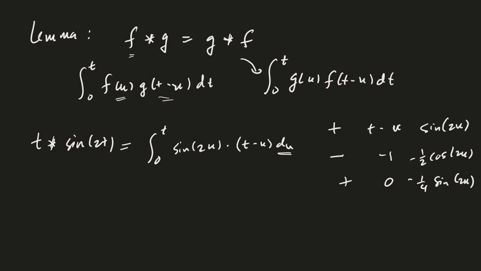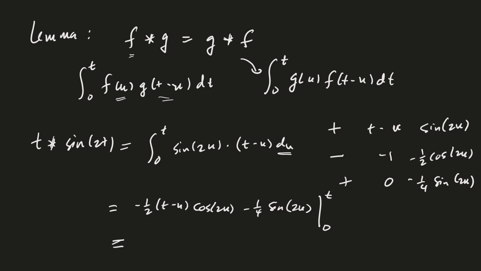Minus again. And so that's going to be equal to minus 1/2 (t minus u) cosine of 2u plus, let's see, I've got 3 minuses, so minus 1/4 times the sine of 2u, and then we integrate from 0 to t. Good.